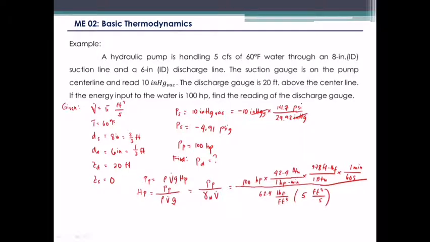So horsepower is cancelled, BTU is cancelled, minute is cancelled, seconds is cancelled, cubic feet is cancelled, pound force is cancelled. Wow! We have now the unit, the total dynamic head of the pump in feet.